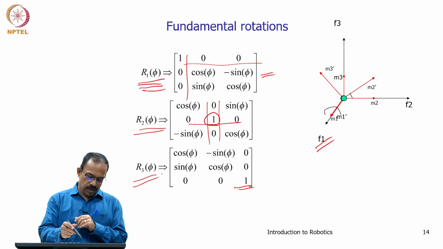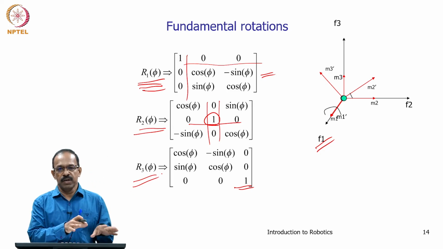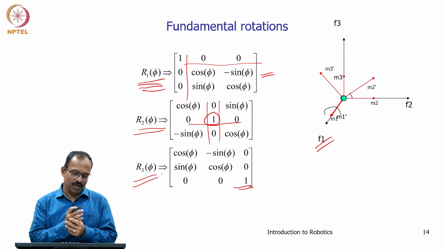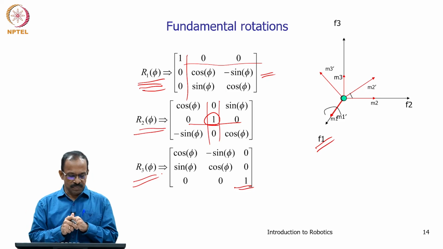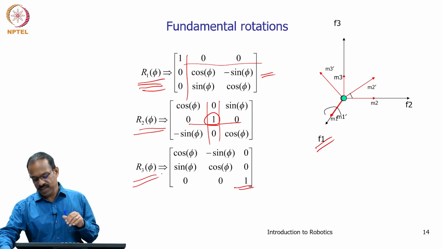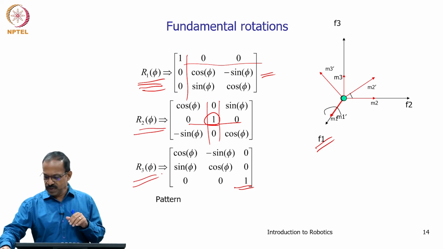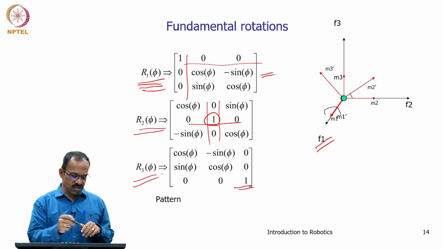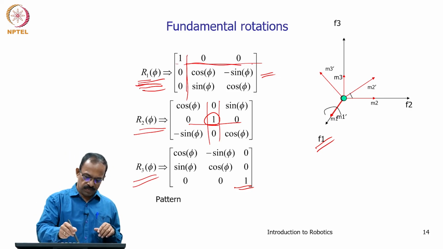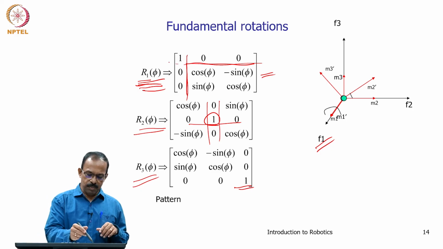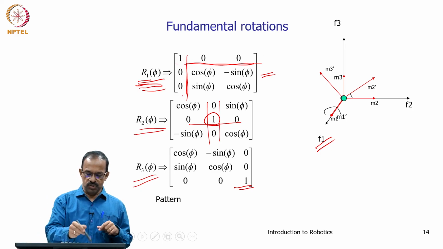We will be using this many times in the kinematic analysis, but you do not need to remember it by heart. There is a simple way to remember it. There is a pattern in this. If the rotation is with respect to the first axis, you can see the first row and first column will be part of the identity matrix, 1 0 0, 1 0 0.